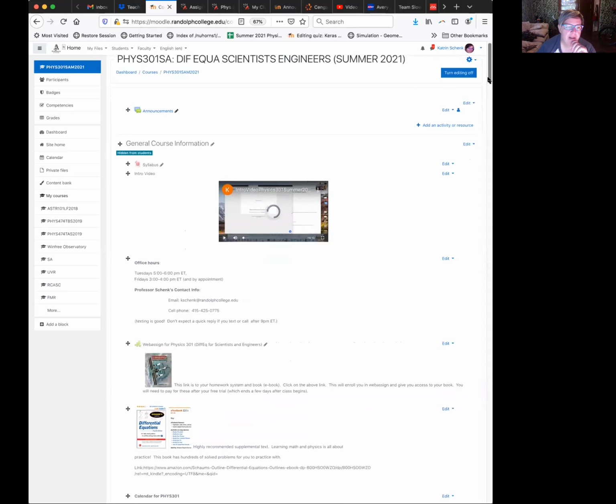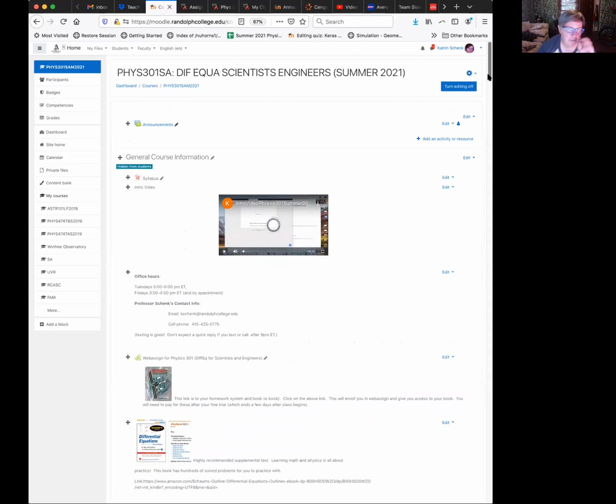Here you have the main page that you're going to go to in order to look at lectures, see what's due, etc. This is a Moodle page, so you can get there by logging into moodle.randolphcollege.edu, and it'll ask you for the username and password that you got from Randolph College. Then you'll be able to see all this.